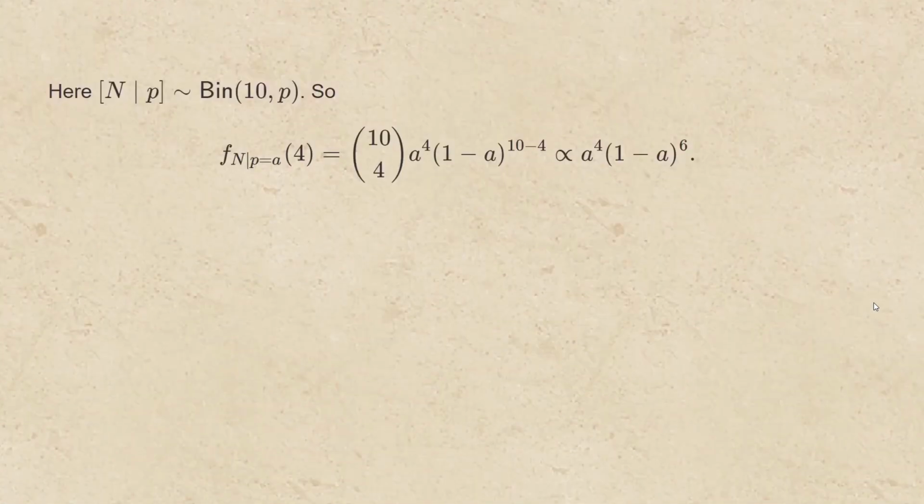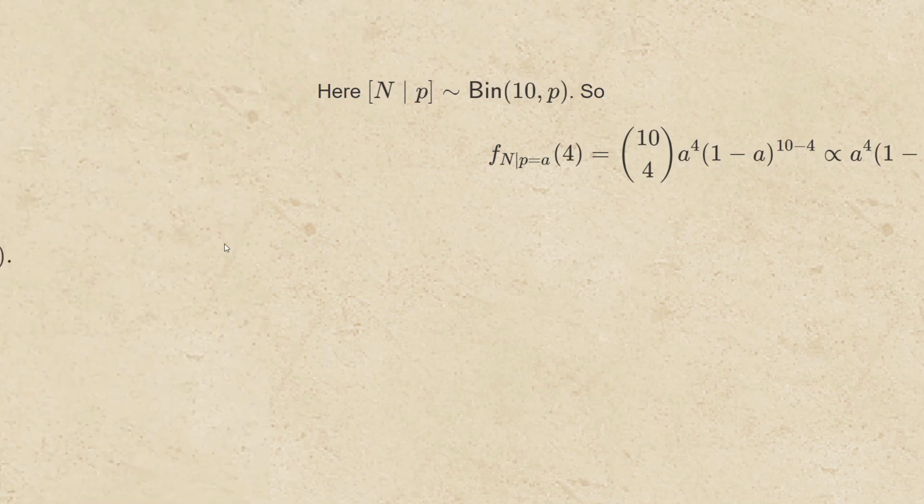Here, the random variable n conditioned on p is a binomial with parameters 10 and p. So the density of capital N given p equals little a at 4 is 10 choose 4 times a to the 4th power times 1 minus a to the 10 minus 4 power. The 10 choose 4 is just a constant, so this is proportional to a to the 4th times 1 minus a to the 6th.